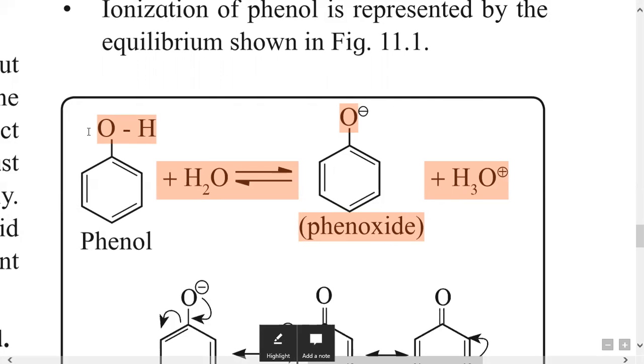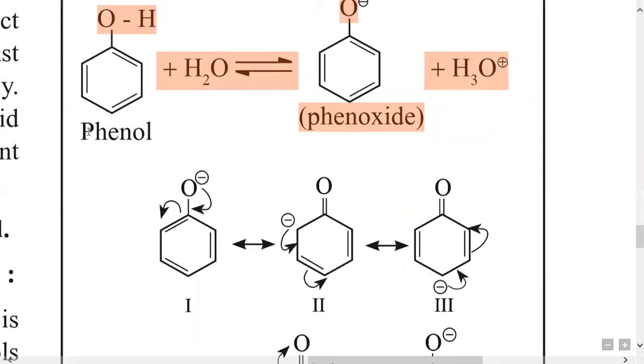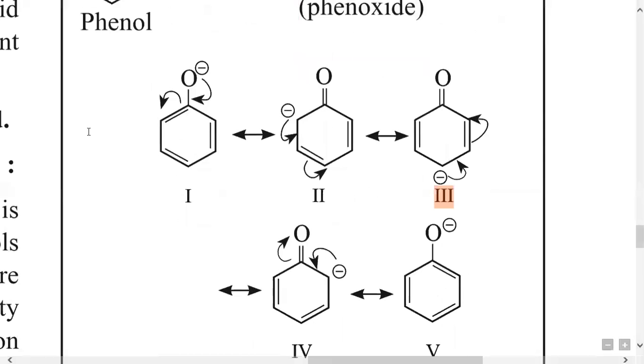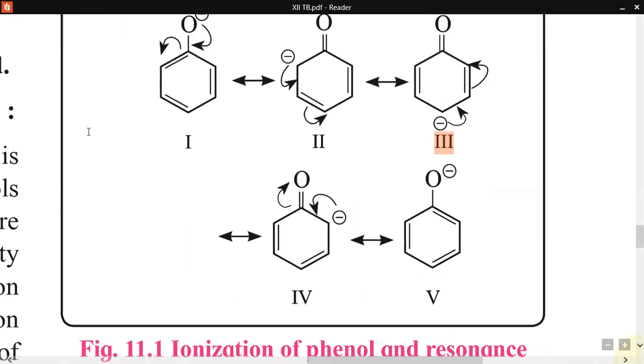We know alkoxide ion is destabilized by the plus I effect, but the phenoxide ion, in the opposite way, is stabilized by resonance, and these are 5 resonance structures of phenoxide ion. In these structures, the negative charge on oxygen is delocalized over the aromatic ring from the ortho position to the para position to the second ortho position.